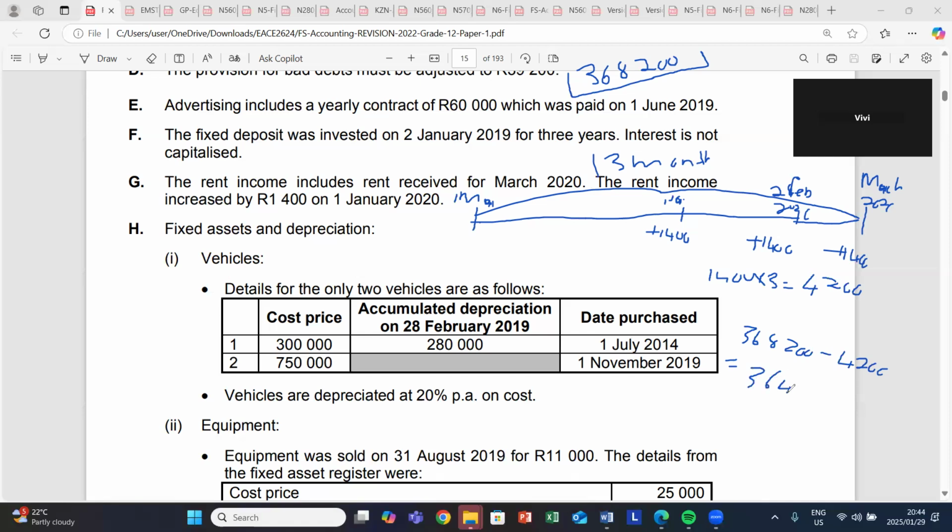Question is, why did you minus those increases? So I can find out how much I have been paying my rent without an increase.